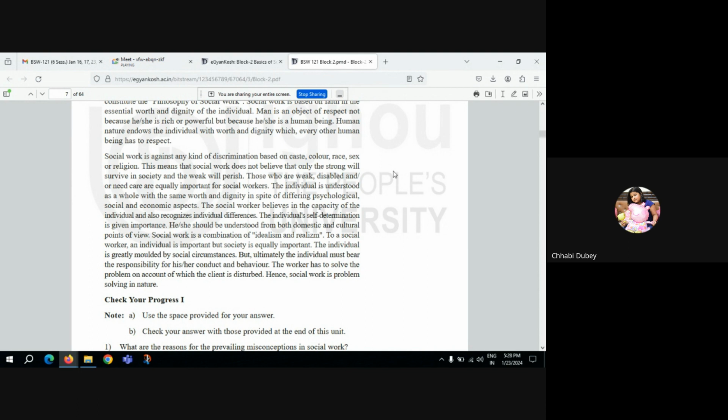You must have read somewhere that the theory of evolution says that only the fittest is going to survive. And when you apply the same to society, you end up getting the philosophy of social Darwinism. But social work is very much against any kind of social Darwinistic approach.